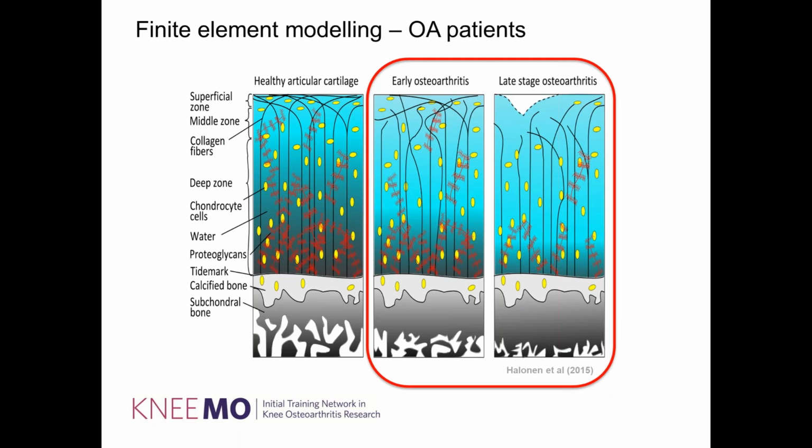You also have an increase in water content in the surface, and in the late stages of osteoarthritis, the whole cartilage starts to wear down. You lose more and more of the collagen architecture structure, and you increase the water concentration and so on.